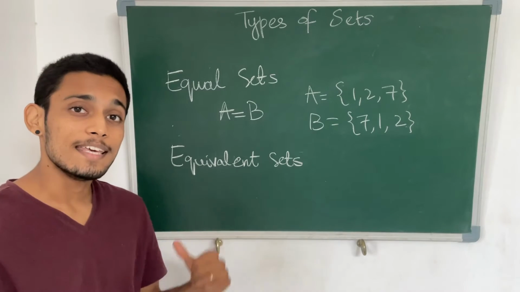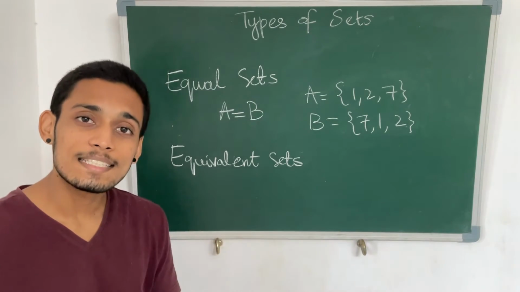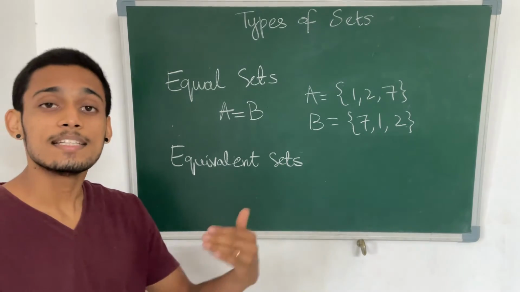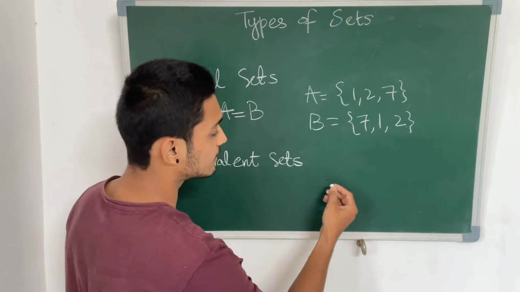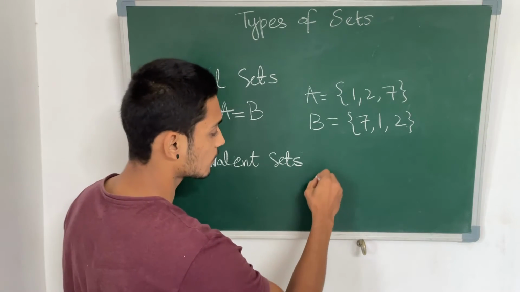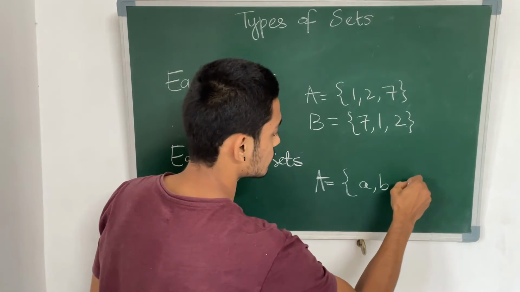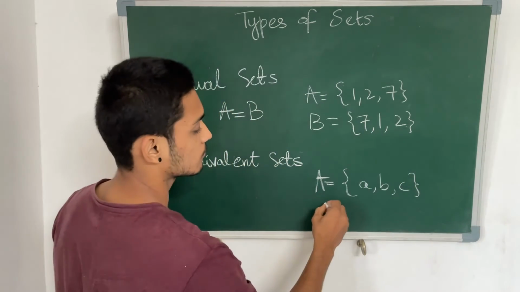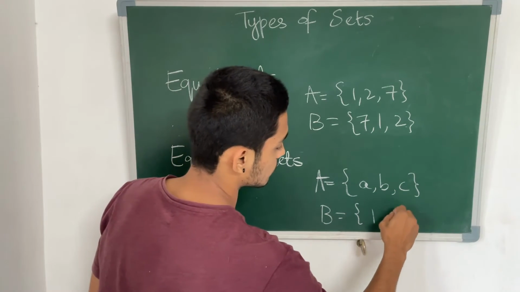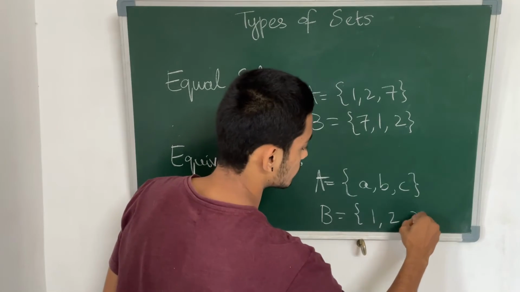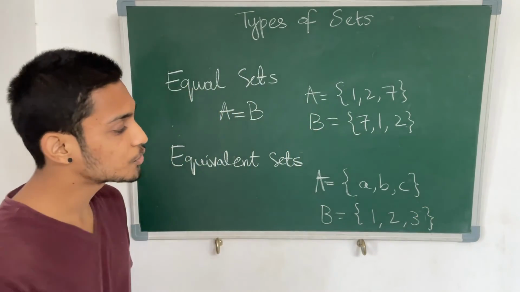Now when we talk about equivalent sets, we don't see what is inside the set. What we rather see is the cardinality of the set, that is how many elements the given set has. For example, let's consider these two sets.